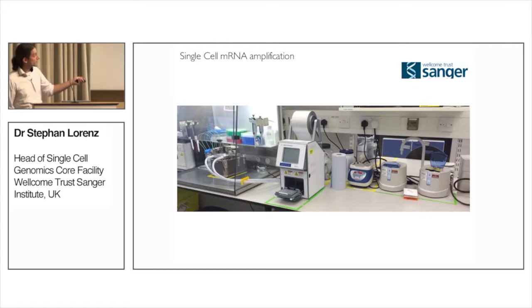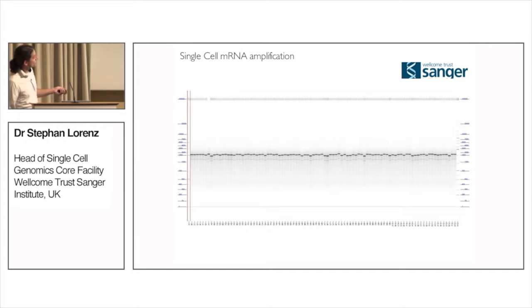Then this 96 well plate goes into our new toy, a fragment analyzer with a 96 capillary array, and within an hour you get a picture like this, which is now 96 cDNAs. Basically we can confirm whether we have sufficient material to continue and what size it is.